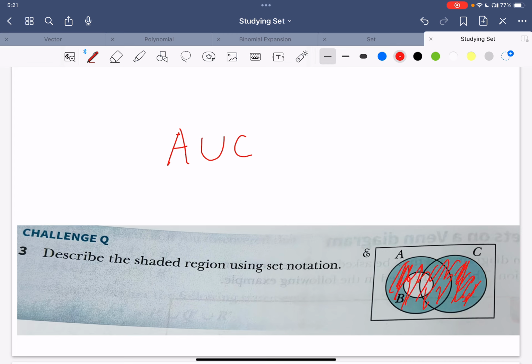But we don't want the circle B at all, right? What do we do next? We intersect the complement of B. Okay, so whenever you don't want a set, that is the complement of that set.